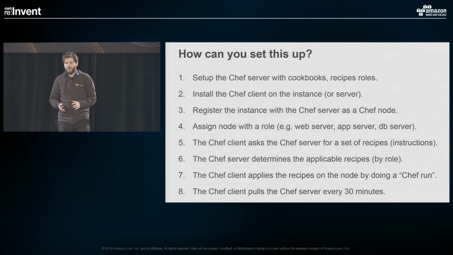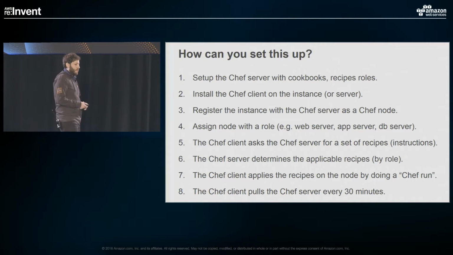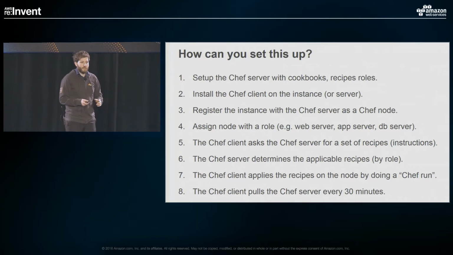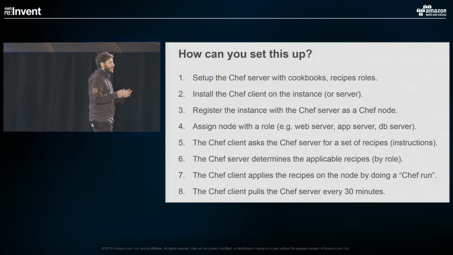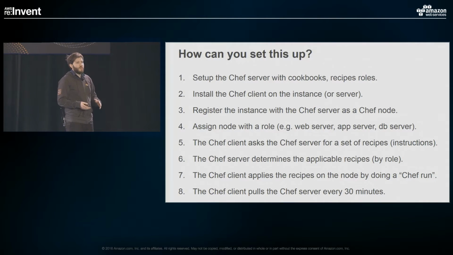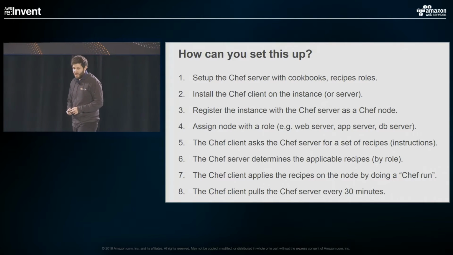I'm going to walk you through the steps on how you can set something like this up. So the first thing I need to do is set up my Chef server, right? My Chef Automate server. The next thing I need to do is place some cookbooks and recipes on it and define some roles. Now, I'm going to talk about where you can get some cookbooks and recipes in just a little bit, but once you have those, you can start and associate those with roles.